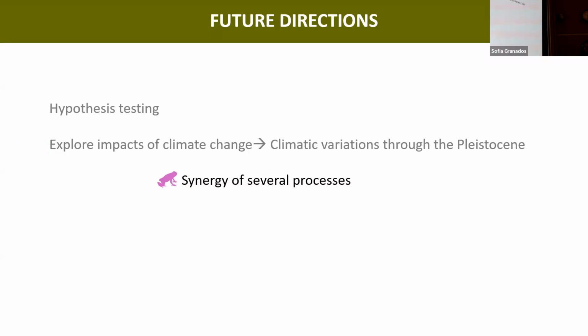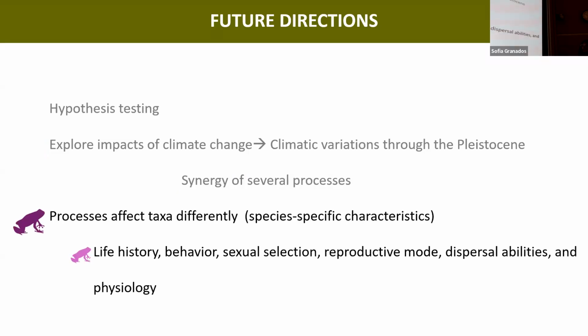In the end, as in several other aspects of biology, one mechanism can probably not explain everything, so there's probably a synergy of several processes. And as we saw before, the processes can affect taxa in different ways, depending on life history, behavior, dispersal ability, and physiology of the individuals.